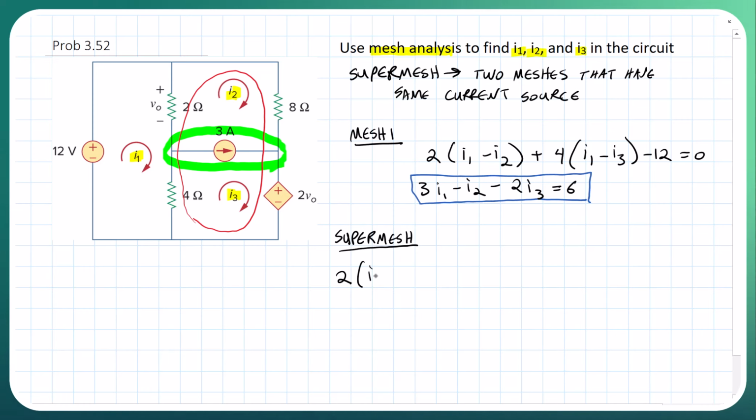In this case I have I2 as it's going through the 2 ohms, but also I have I1 going the opposite direction, so minus I1 plus 8 ohms, we're going again clockwise, 8 ohms times I2 plus we have this dependent voltage source 2 V naught plus, going back up to the 4 ohms, it's going to be 4 times I3, and then the opposite direction we have I1, minus I1.